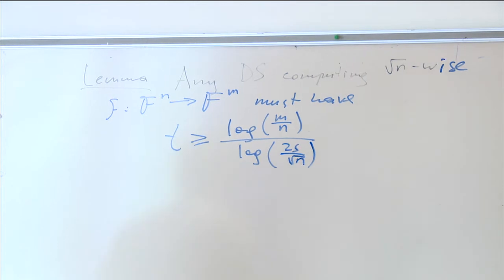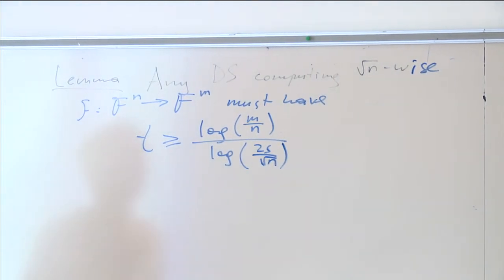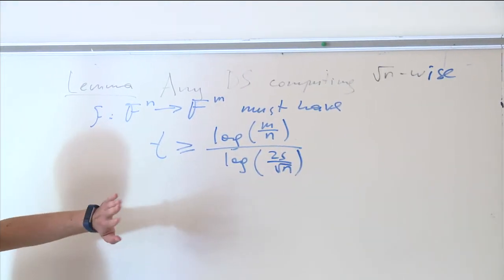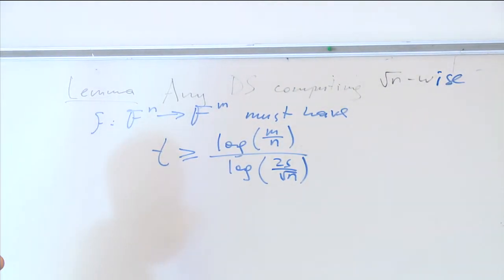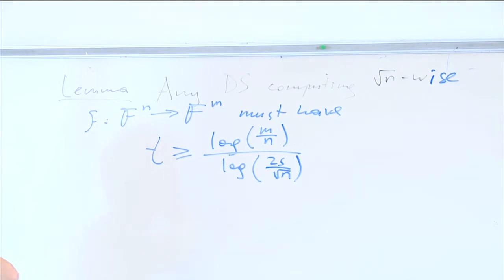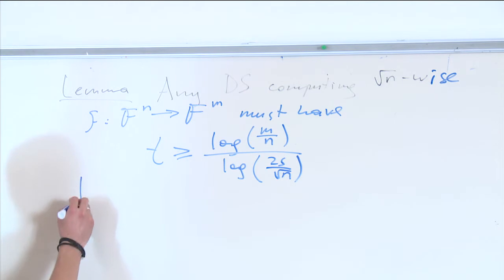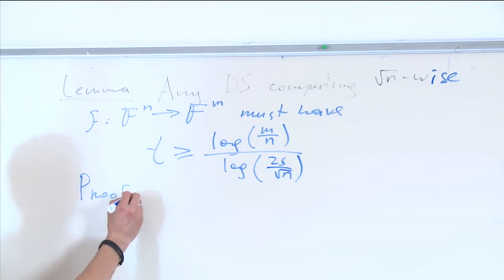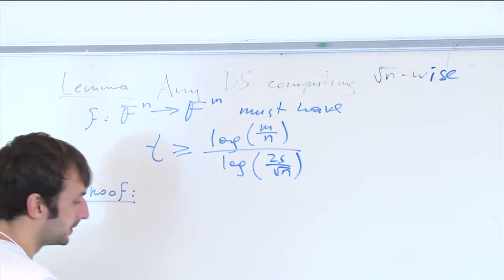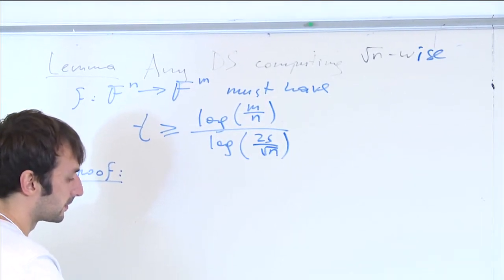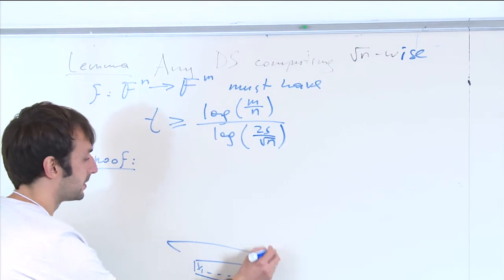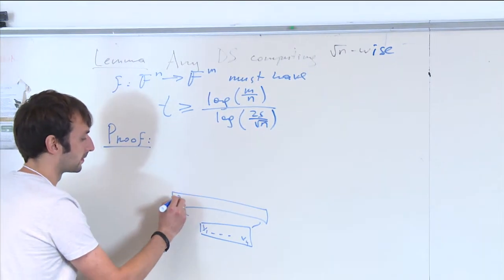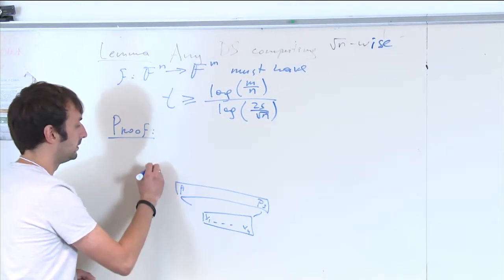Okay, so we want to prove that any data structure that computes a k-wise independent function must satisfy this inequality: T is at least log of m over n divided by log of s over n. How will we prove it? We'll say the following thing. So this is our data structure, with inputs as memory cells and m outputs.